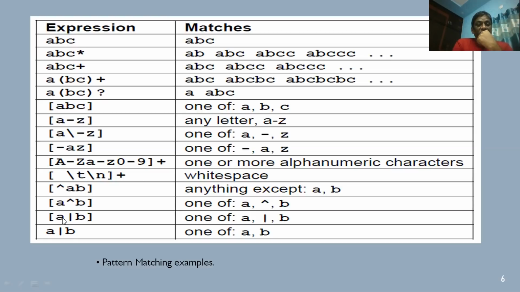And A or B is one of A, pipe, or B. Finally, without the angle brackets, A or B represents one of those two, either A or B. So try to remember these two representations. If you put it inside an angle bracket pair, then the pipe symbol is also a possible character. Otherwise, it's going to be separate A and B.